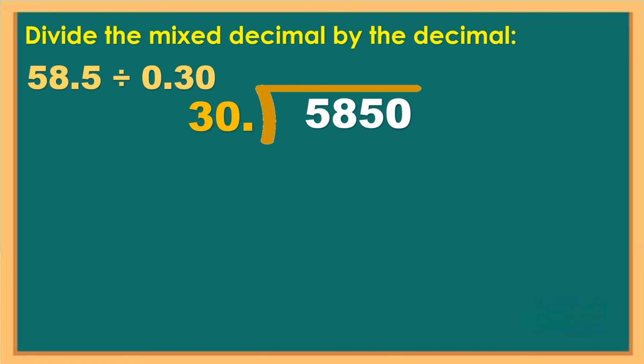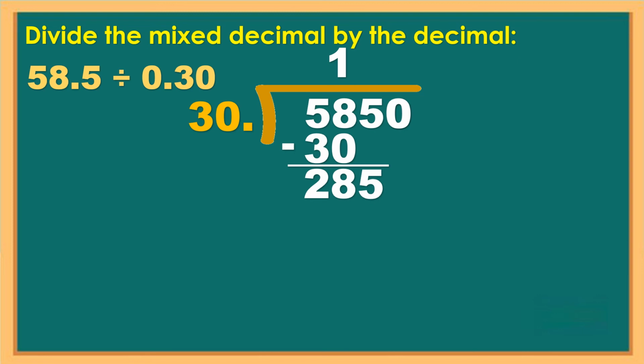5,850 divided by 30. 5 divided by 30 is 0, so we will proceed to 58. 58 divided by 30 is 1. 1 times 30 is 30. 58 minus 30 is 28.